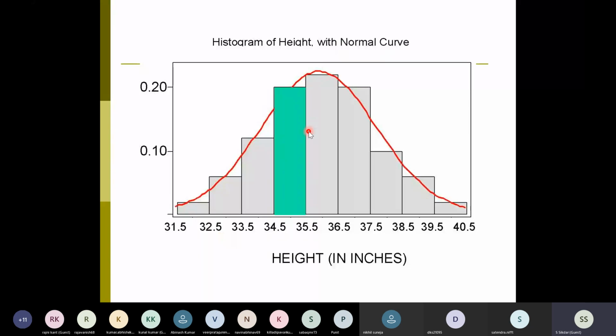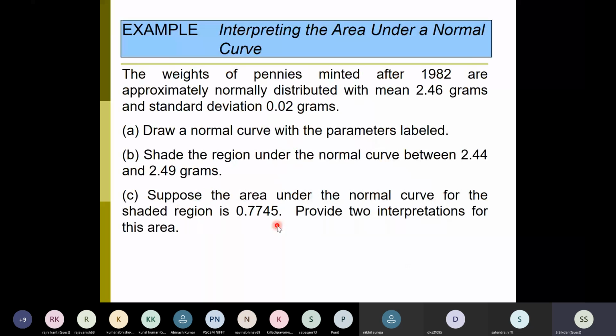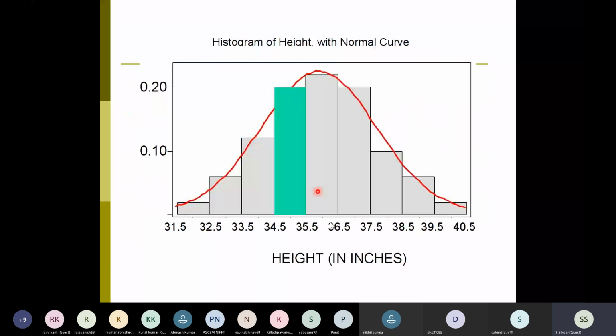In this kind of problem, what you need to do is basically make a histogram from all the data that is given to you. For that, you have to decide how many intervals you want to have, then plot this. Basically, you have to take this and standardize it: z is equal to x minus x bar divided by sigma.